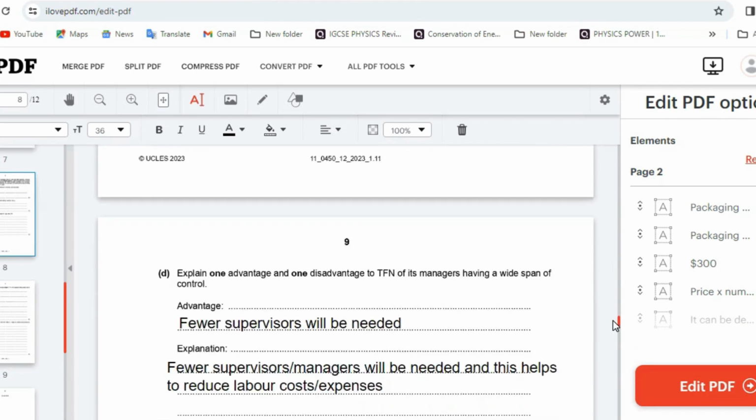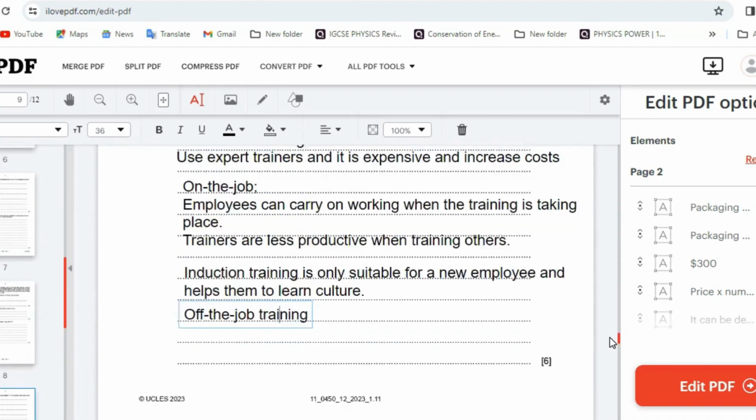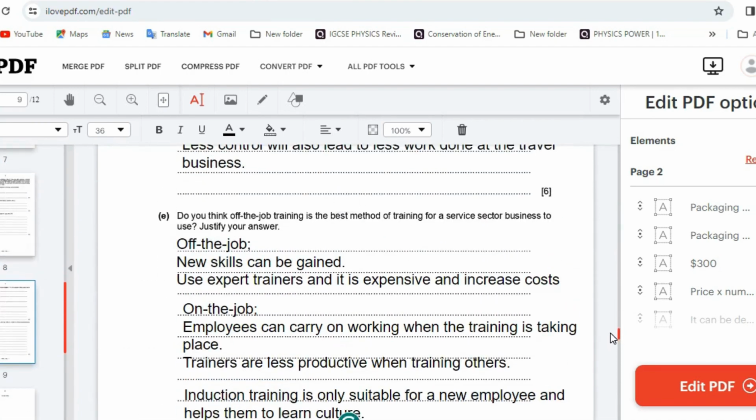Okay, here we have our question. Do you think off-the-job training is the best method of training for a service sector business to use? Justify your answer.